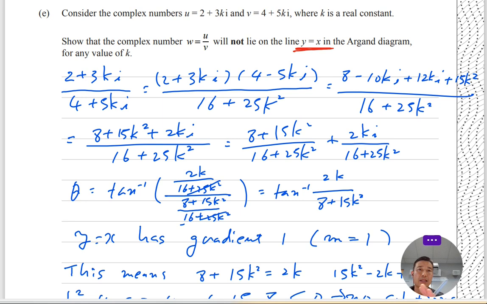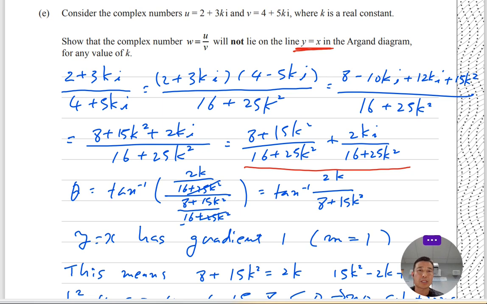So with that in mind, first of all, w is 2 plus 3ki over 4 plus 5ki, isn't it? And then we rationalize, meaning times by 4 minus 5ki on both sides, leaves that. Yeah. And then I separate them, real part and imaginary part. Now, that is w, right? Then what I did is I found the theta, so angle.